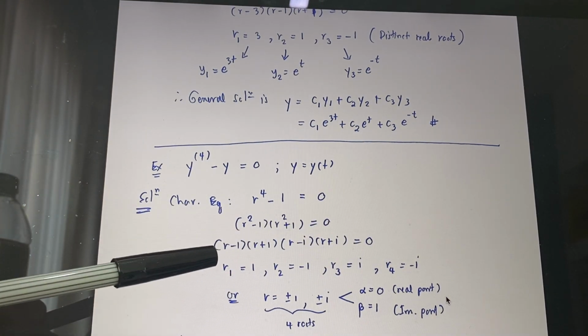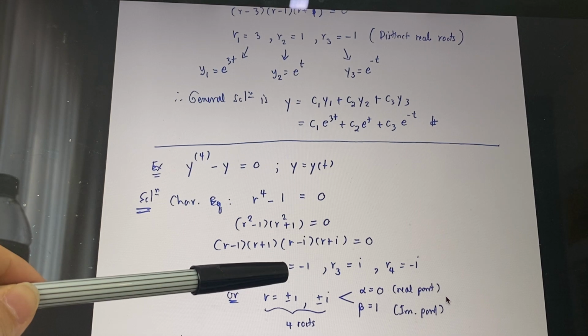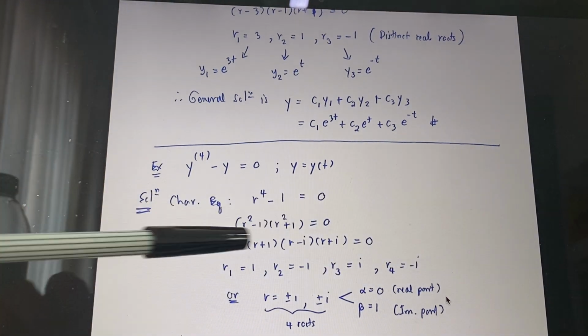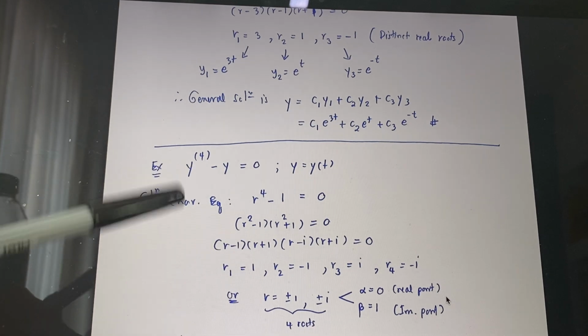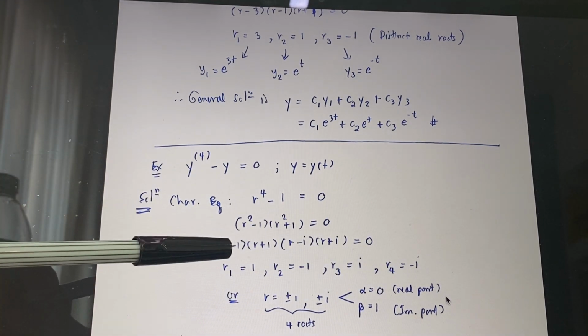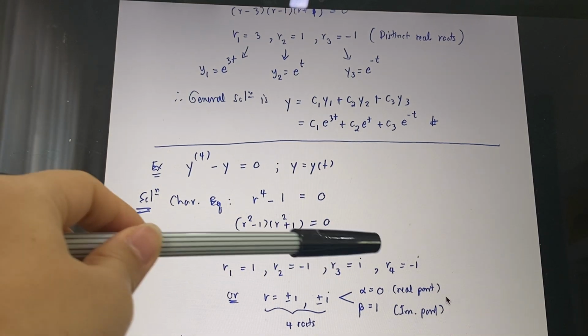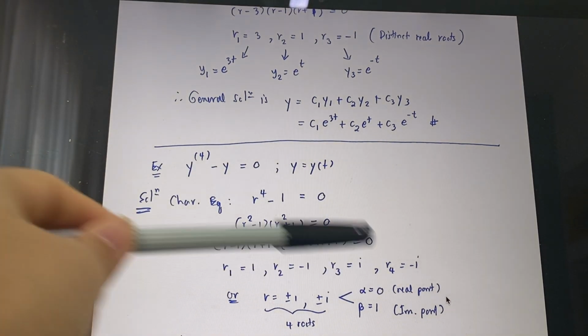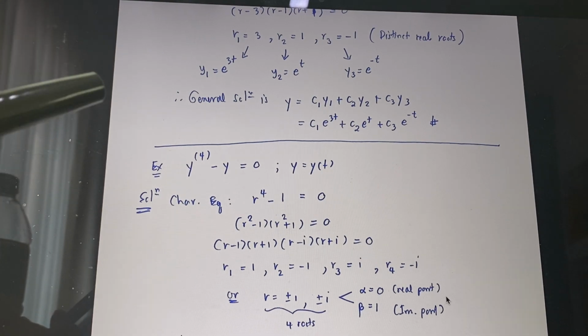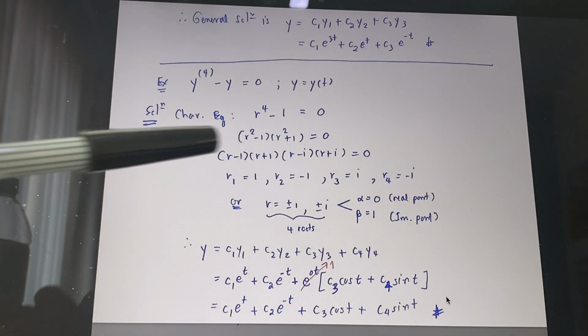Here we go. Right now we have r1 equal to 1, r2 equal to minus 1, r3 is i, and r4 is negative i. As I mentioned before, how we find r1 to r4, you only need to set each factor here equal to 0, and then you get all the 4 values. But right now it's a combination, okay?